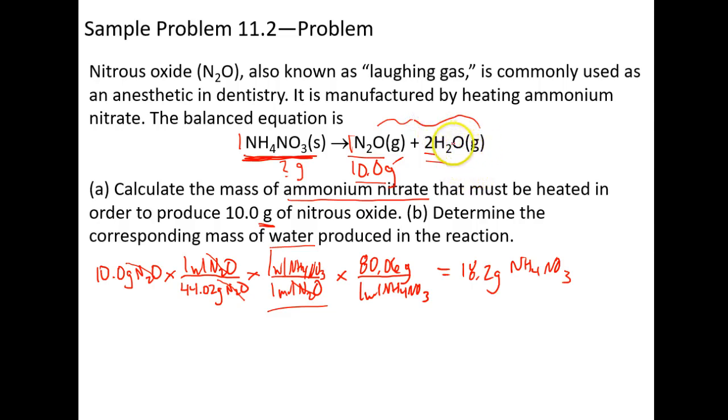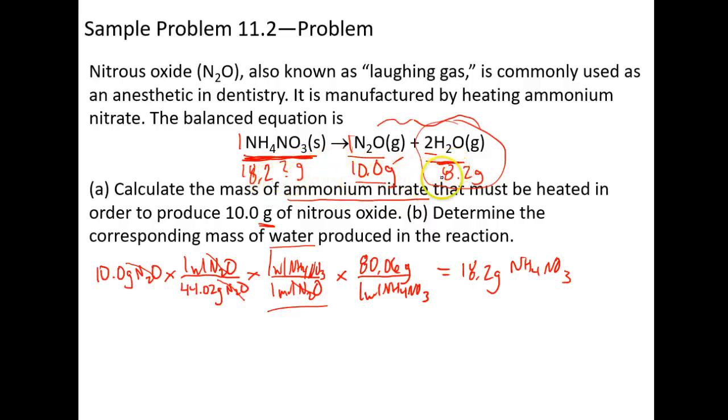So you know the answer. So think about it. How many grams of water am I going to produce? If I start with 18.2 grams and 10 grams of it is nitrous oxide, well, you should know automatically the other 8.2 grams must be the water. This will always work. It's the conservation of mass law.